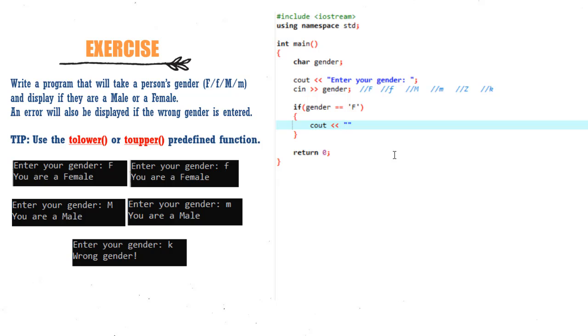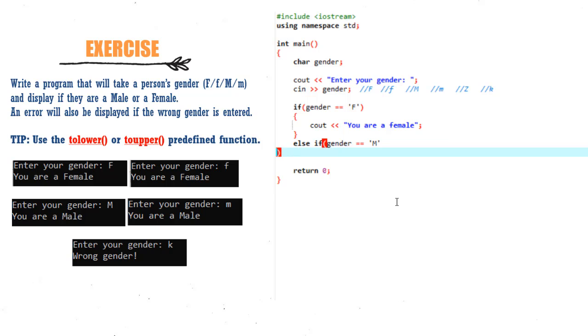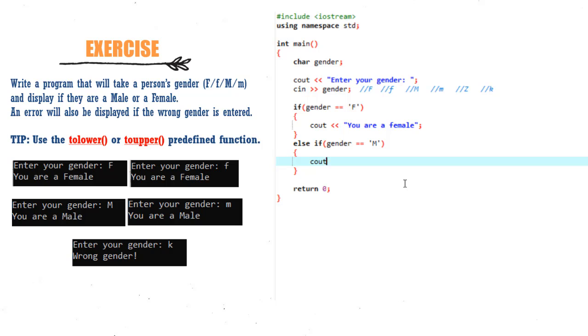Again, to check if the user is a male, else if gender equals M, then cout you are a male.